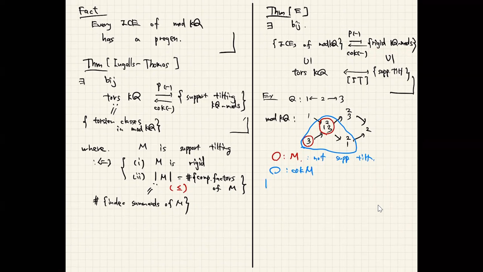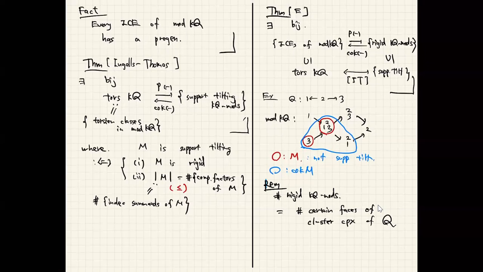So I remark that the number of rigid modules, or the number of ice-closed subcategories, is equal to the number of certain faces, not the whole set of faces, but certain faces of the cluster complex associated to this quiver Q. So by using this, there is an explicit closed formula for this number.